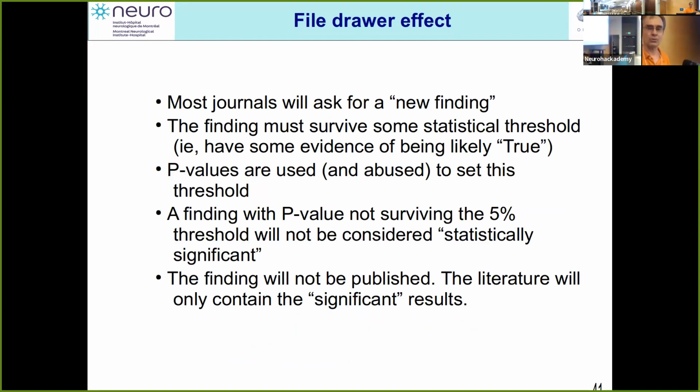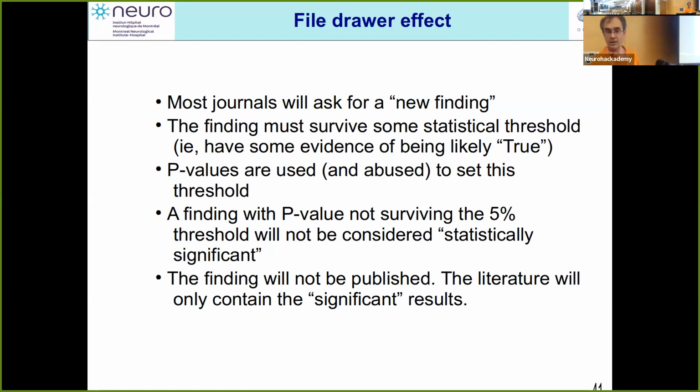Most journals will ask for something which is novel and statistically significant. And therefore, if your study doesn't show that, then you are in trouble unless you have pre-registered, and the registration has been reviewed, and whatever the result, you're going to publish it, even null results.